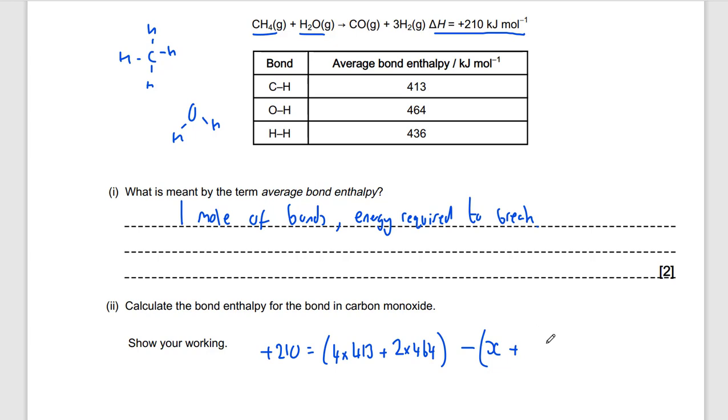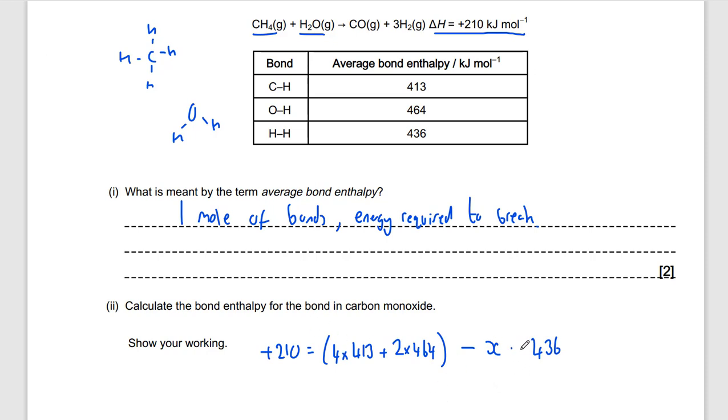Okay, so minus X plus 3 lots of hydrogens. So you've got H2, which is a single bond, times 3. So 436. In fact, I'm going to rewrite this a little bit easier, because instead of doing x plus, you can just do the minus. Okay, you're just subtracting everything. So it's reactants minus product.